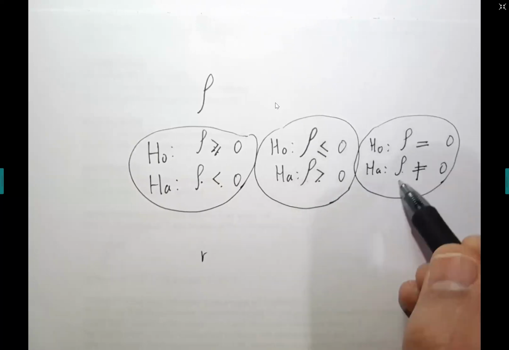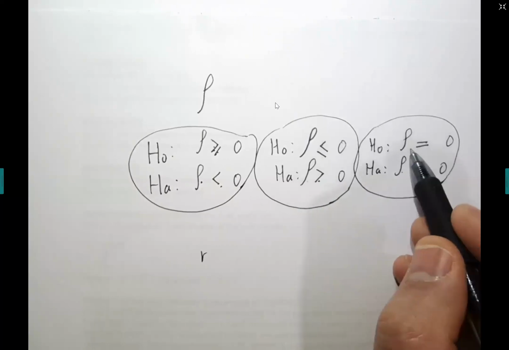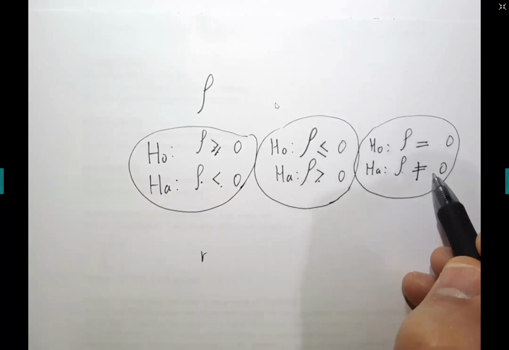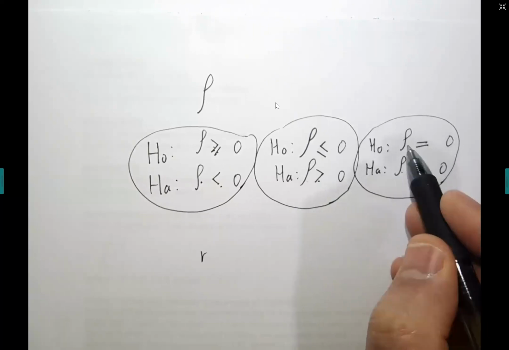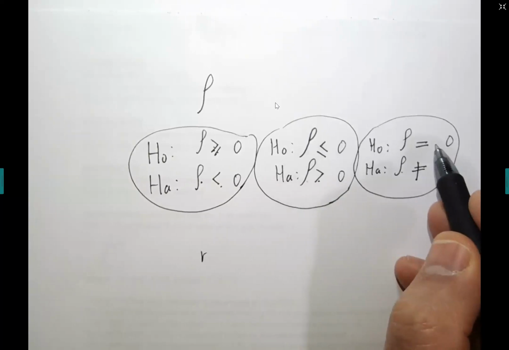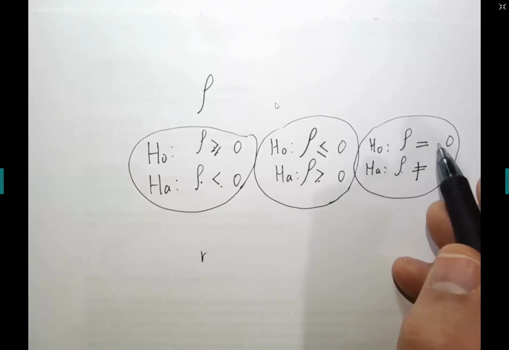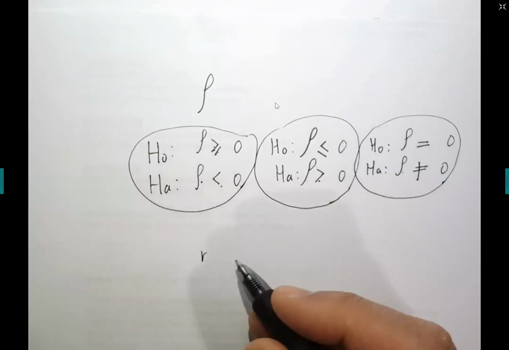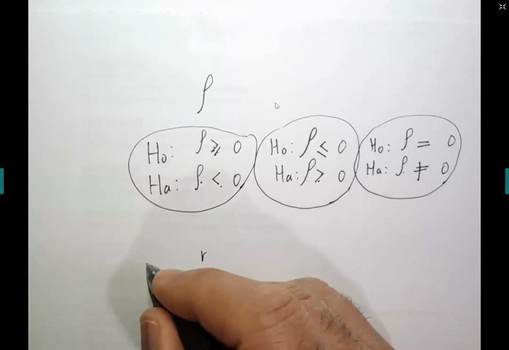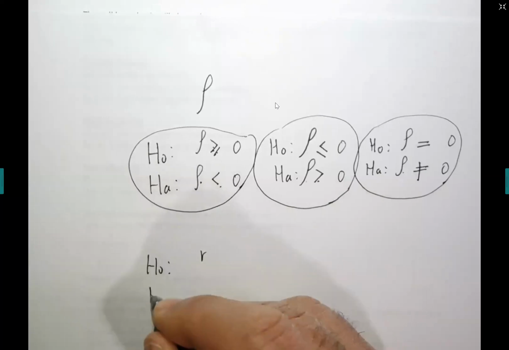Same thing here. When I say rho is different from 0, I'm saying I'm away from 0, but could be from the right or from the left. But when I say rho equals 0, I'm saying that the correlation is weak because I'm very close to 0. So we're not going to write a claim here. We write this, guys. We always make one of 2 statements.